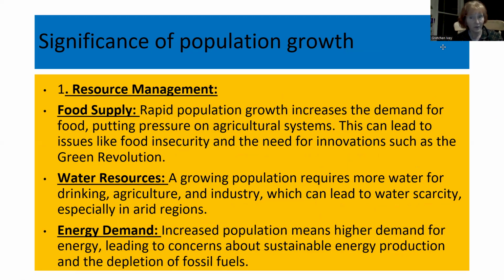Now, water resources. A growing population requires more water for drinking, agriculture, and industry, which can lead to water scarcity, especially in arid regions. And then energy demand. Increased population means higher demand for energy, leading to concerns about sustainable energy production and the depletion of fossil fuels.